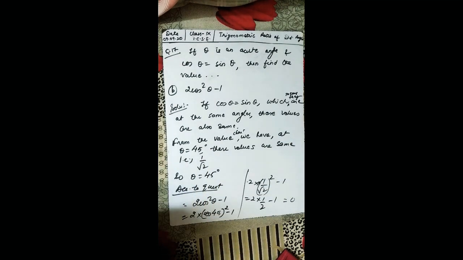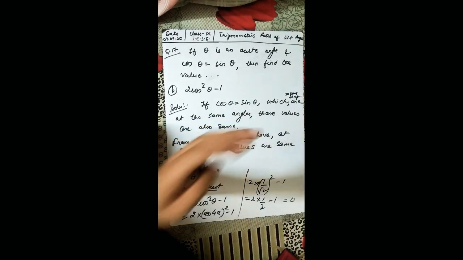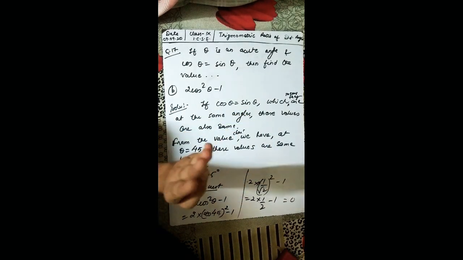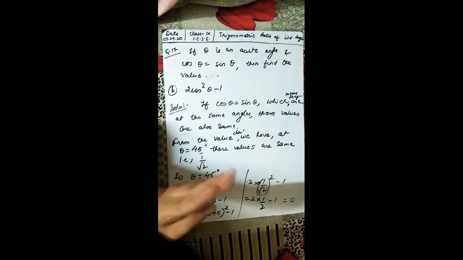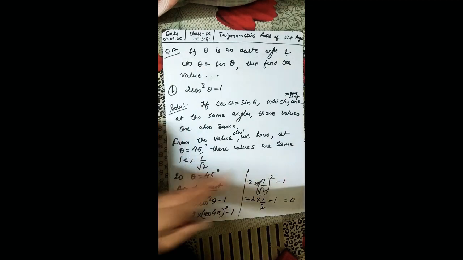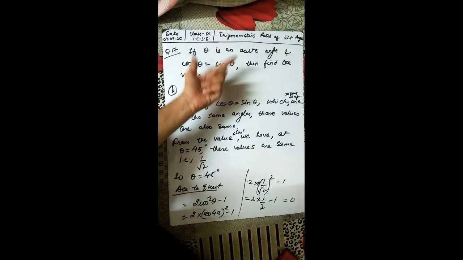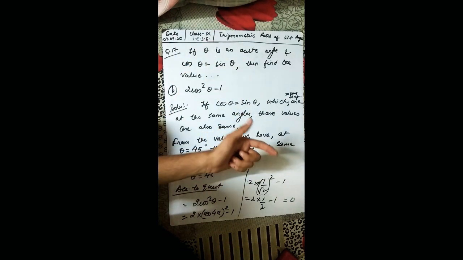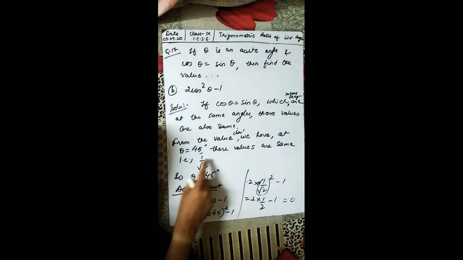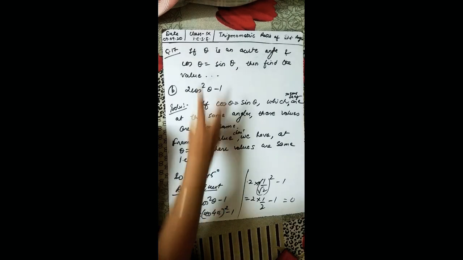So you just see the table, at theta equal to 45 degree, your sine 45 degree is 1 upon under root 2, cos 45 is also 1 upon under root 2. So whenever you get such equation where your cos theta equal to sine theta, then you have to say at only theta equal to 45 degree, it is possible that the cos and sine function, they both are equal. Okay, so theta will be 45 degree if this is the condition.